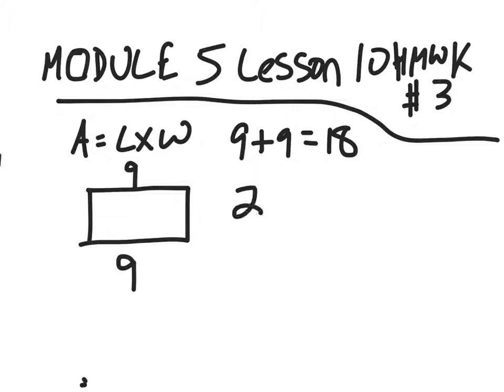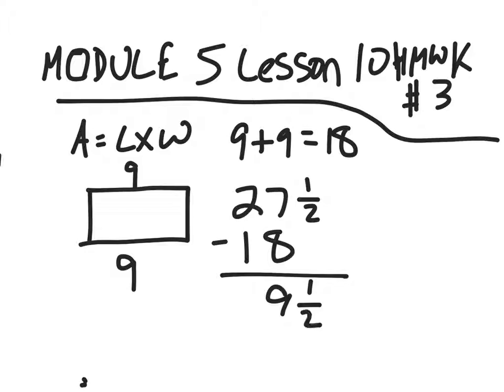So if you know that, all you have to do to figure out the width is take the whole perimeter and subtract the two lengths, and if you do that, you'd get 9.5. So now you have two widths, here and here, that would be a total of 9.5.